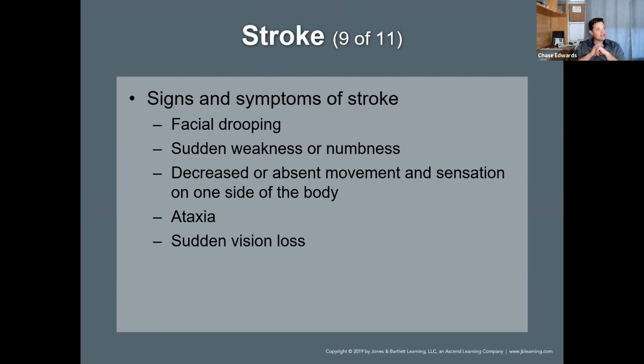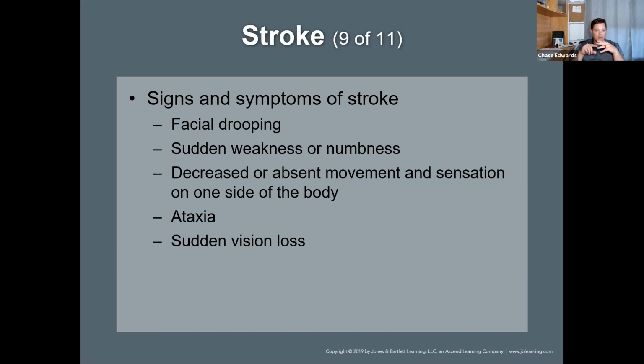So here are some signs and symptoms of a stroke. You got the facial droop. You got the sudden weakness or numbness in the face, arms, leg, or one side of the body. You got decreased or absent movement and sensation on one side of the body. You got ataxia. You got sudden vision loss in one eye. You got dysphagia.